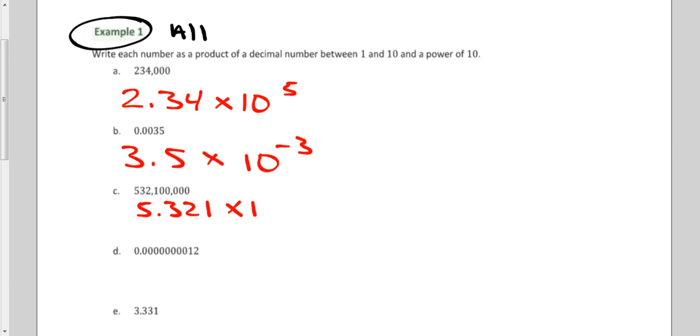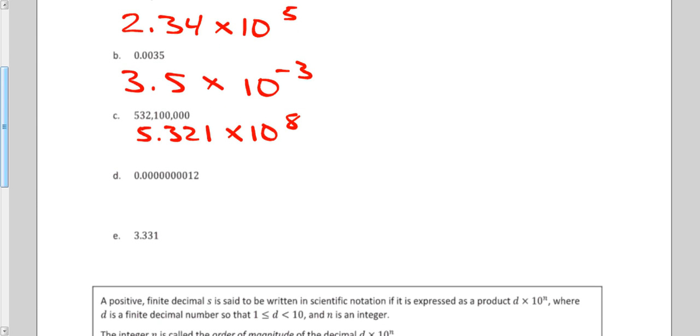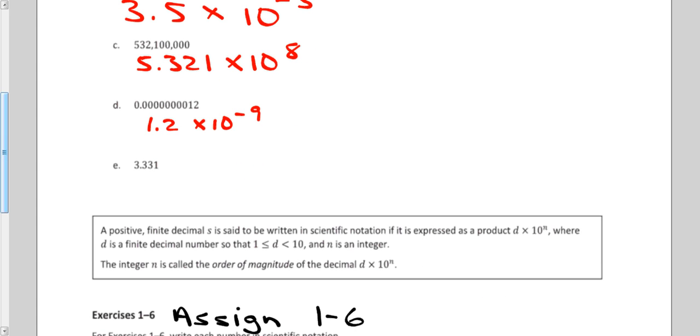Then 5.321 times 10 to the 8th. 1, 2, 3, 4, 5, 6, 7, 8, 9. 1.2 times 10 to the negative 9th. And then 3.331 times 10 to the 0.